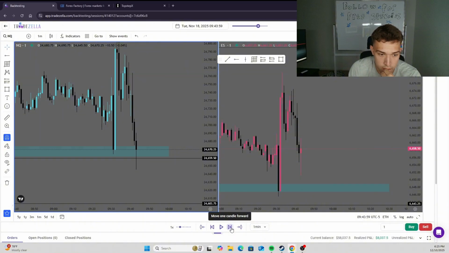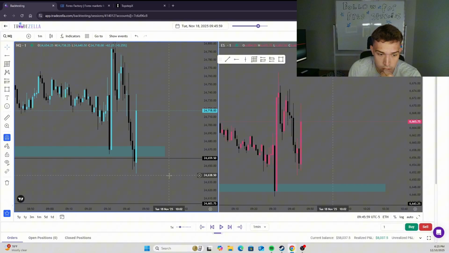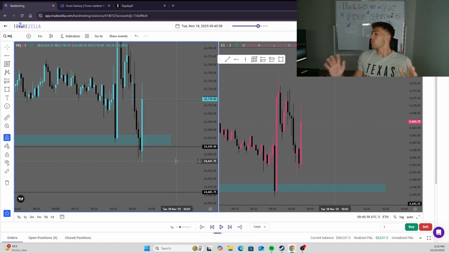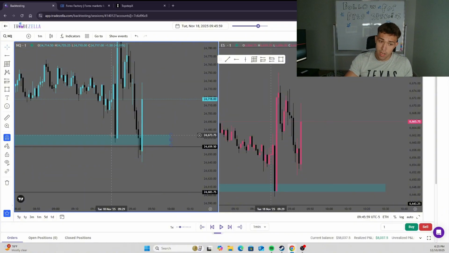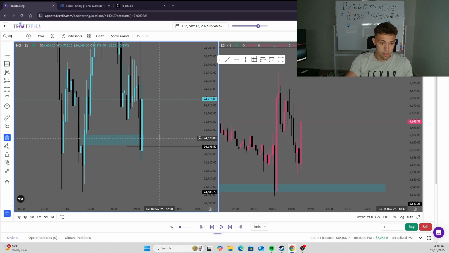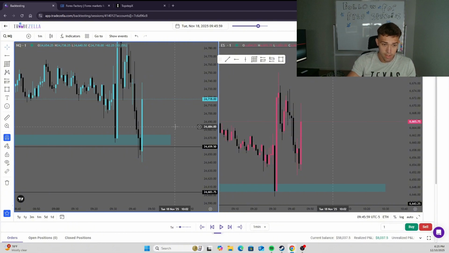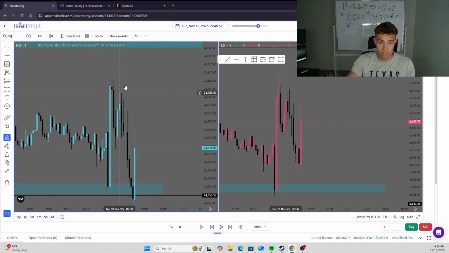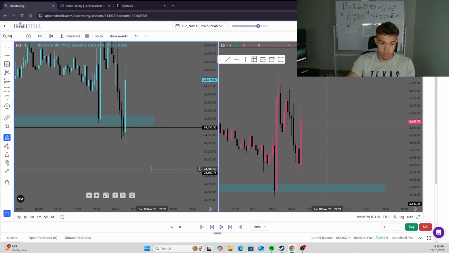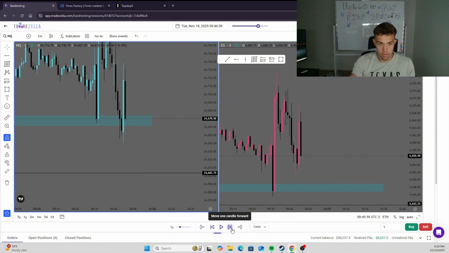Boom, low swept. Okay, look. I don't remember how this played out, but this is my model. 15-minute fair value gap, which we are actually, hold on. We inversed this gap. So actually, I would not take this right here. Actually, I would want to see one of these highs get taken, and then we actually continue lower towards London session low, because this is only an interim. Right? So let's see. Boom.